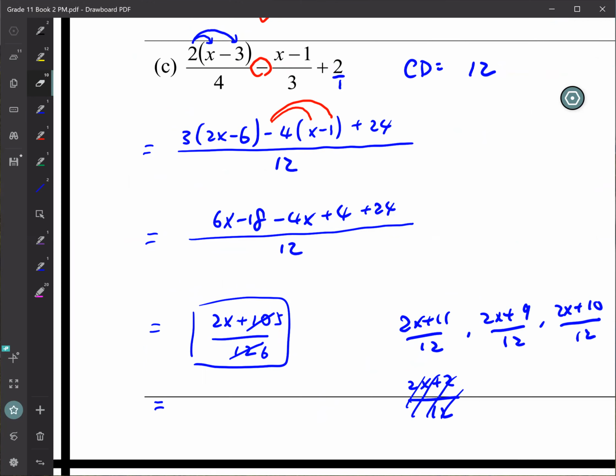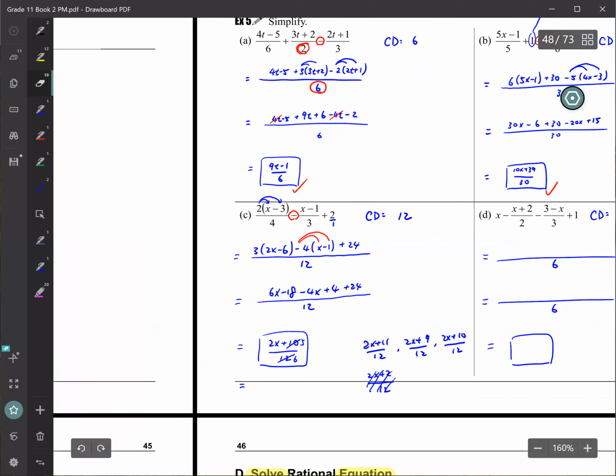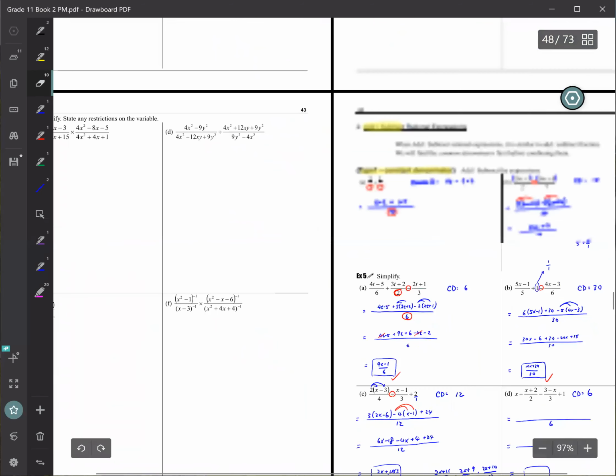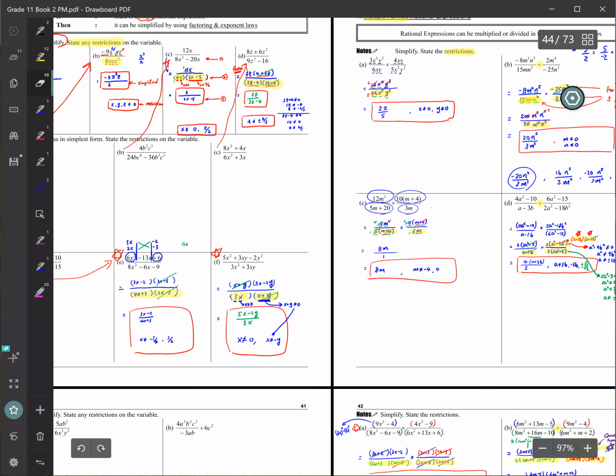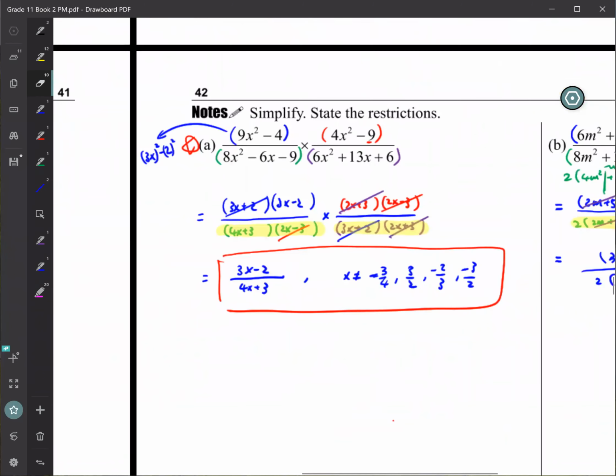Can we cancel? No, because there's 2 terms on top. Yeah, okay, you have to remember this part. I know we all like to cancel things, but you need to cancel at the right time. When you want to cancel, you need to make sure they are factored.